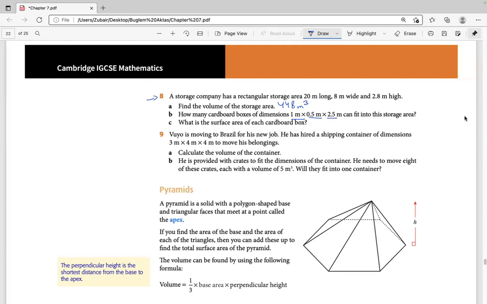I just subtracted the volume of the storage area with the volume of the cardboard box. But we are not placing one cardboard box. We are pushing in the cardboard boxes in the storage area. Did I say subtract? Yeah, you said subtract. Did you mean divide? Yeah, I meant divide. But you can't do that.